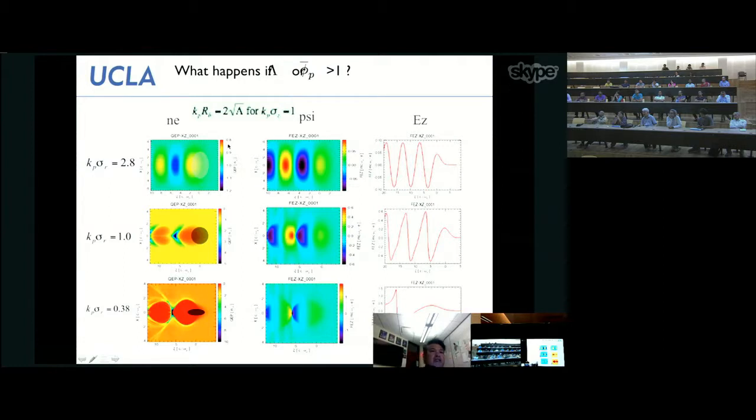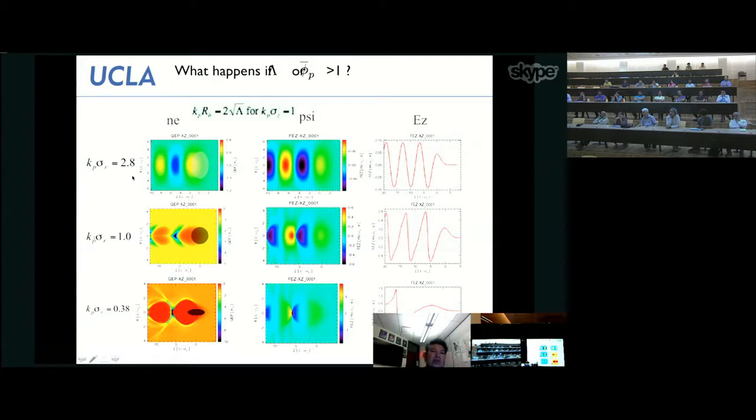Here I've shown simulations where I've taken a particle beam driver where kp sigma r is 2.8, which means n beam over n0 was less than 1. The particle beam moves through and makes a linear looking wake. Over here is a lineout of the electric field. Here's where the particle beam driver is, moving this way, and it creates a very nice sinusoidal wake. Now, for the same amount of charge, all I do is reduce the spot size.